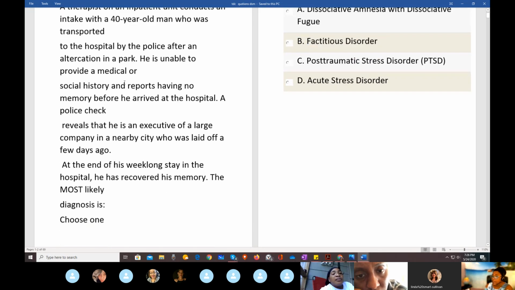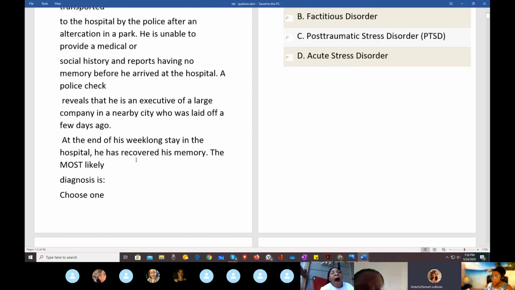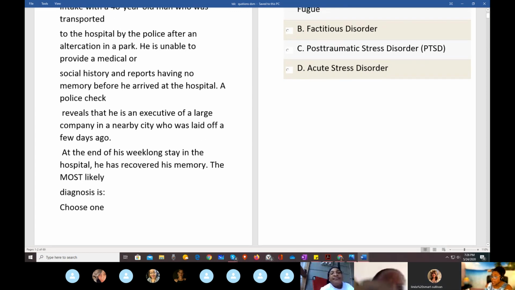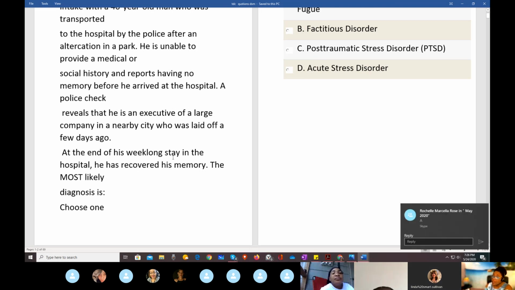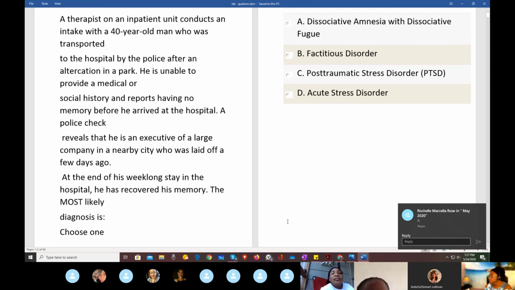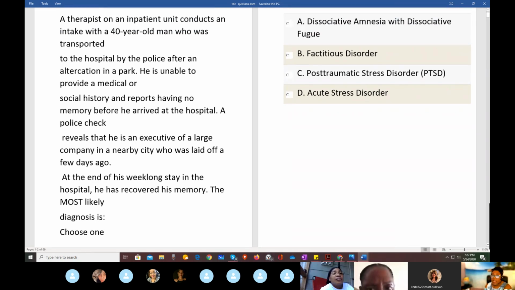He is unable to provide medical or social history and reports having no memory before he arrived at the hospital. A police check reveals that he is an executive at a large company in a nearby city who was laid off a few weeks ago. At the end of his weekend-long stay in the hospital, he has recovered his memory. What is he diagnosed with?